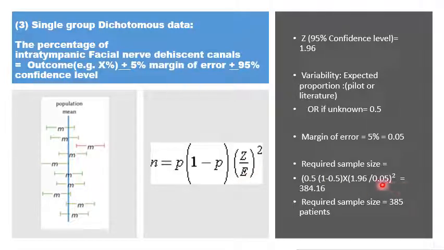So that's 0.05 here, all squared at the end. So this will bring out this figure, 384.16. So you need at least 385 cases, specimens, or patients as a sample size to obtain the required information with a margin of error of 5% and a confidence level of 95%.